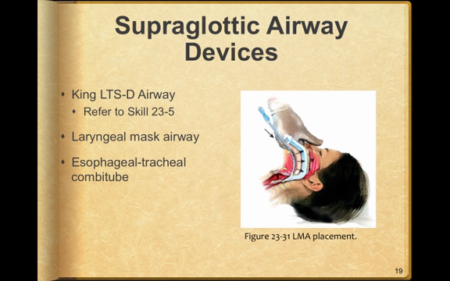Supraglottic airway devices are things like the King LTS-D airway, and this is skill 23.5, the laryngeal mask airway, and the esophageal tracheal combitube. As far as LMA placement goes, we essentially get it down into the back of the throat. Tongue depressors work good. Fingers also work good, but again, be careful.